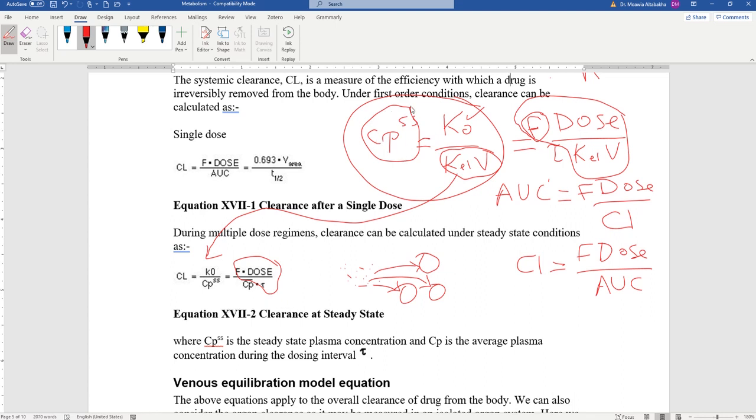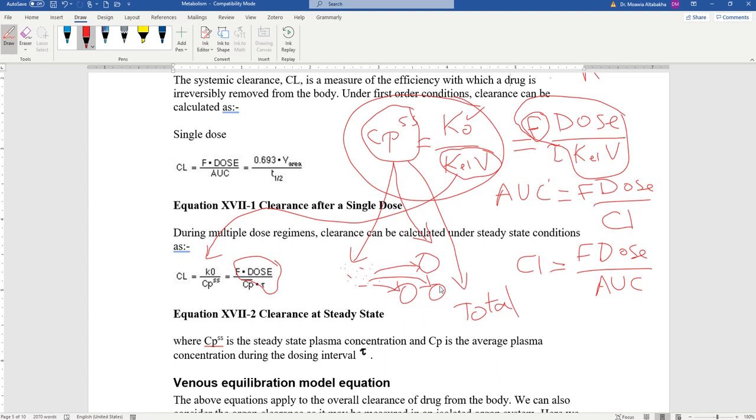طيب, وهي CPSS which one? Am I talking about اللي هو non-bound ولا ال bound? Which one? The CPSS that I'm talking about here is the total, it means the bound and the unbound. يعني عادة, usually when you look at textbooks and they tell you the CPSS is so and so, or the therapeutic window is between so and so, we are talking about not the free drug, we call it the free drug, ولا the bound drug.